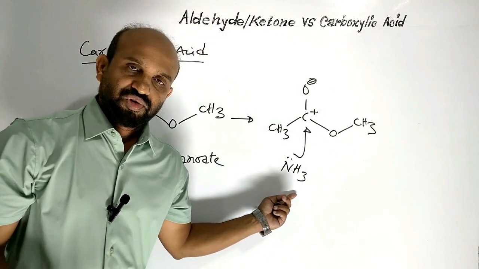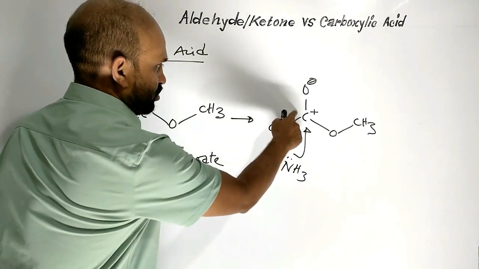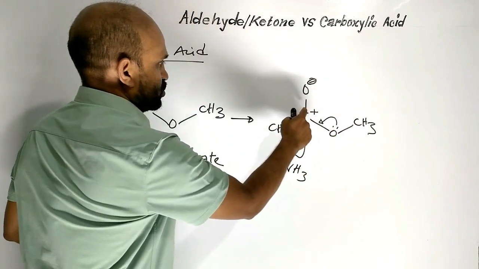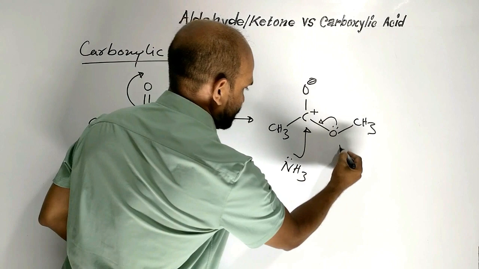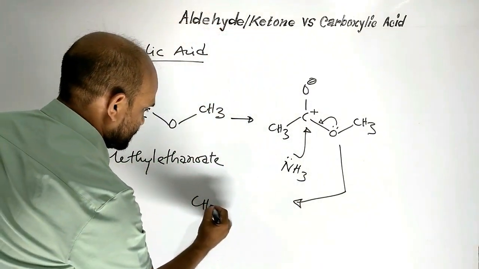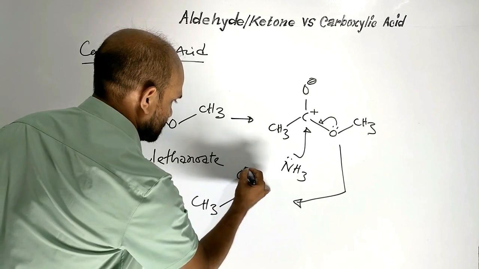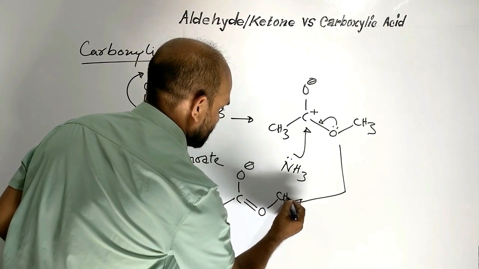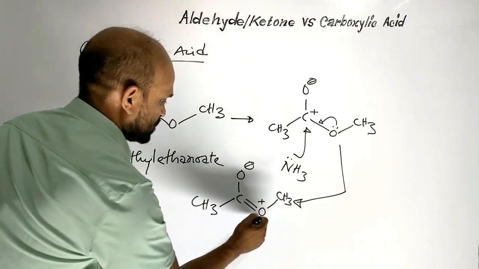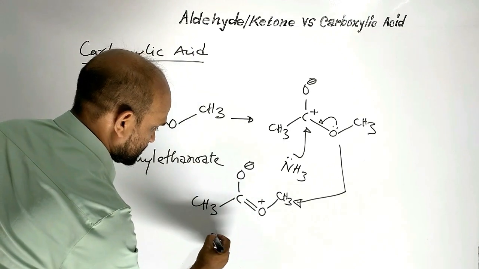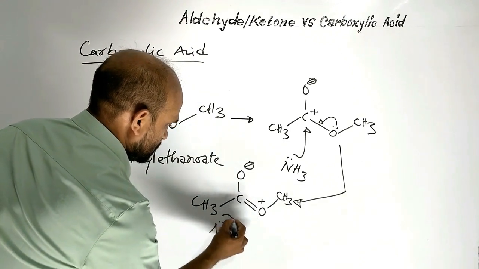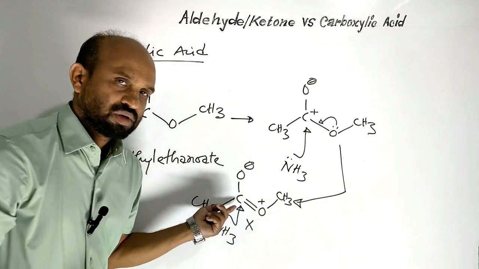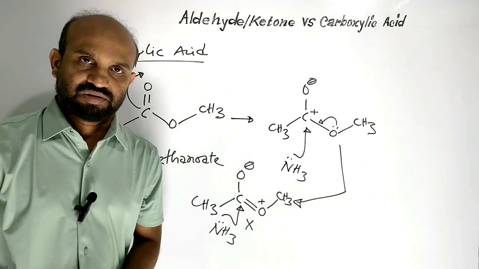But before the attack of nucleophile on the carbonyl carbon, these lone pair of electrons turn into a bond pair to vanish this positive charge, to form this entity: negative in charge, carbon oxygen double bond, here methyl group, positive charge shifted to oxygen. In this case, there is no way for the nucleophile to attack the carbonyl carbon because its positive charge has already disappeared.